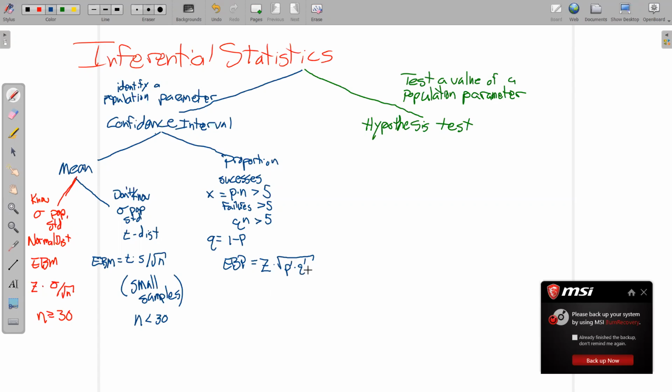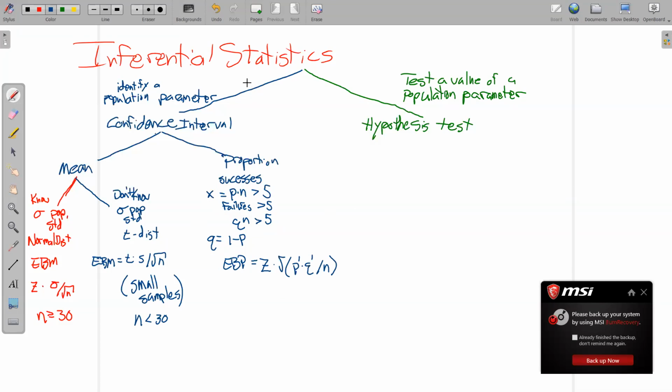And all of that is inside the root. Start it like that and put parentheses, P prime, Q prime over N, close the square root. And yeah, so then we got to learn how to find the z-score, how to find that t-score. I don't think I'm going to fit it in this screen right here, but we'll find that next.